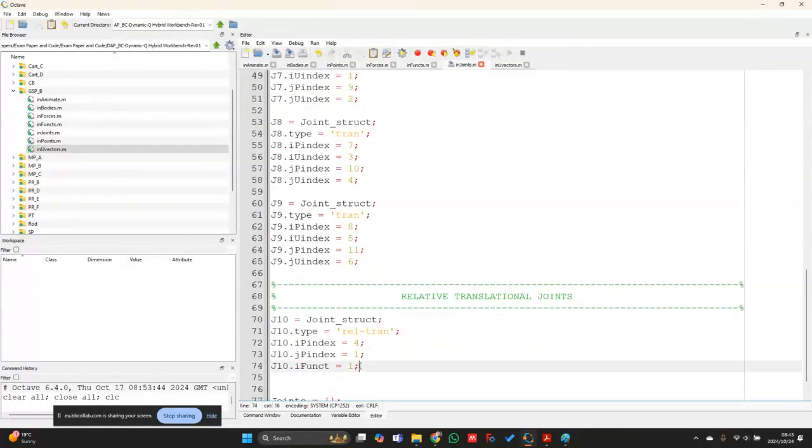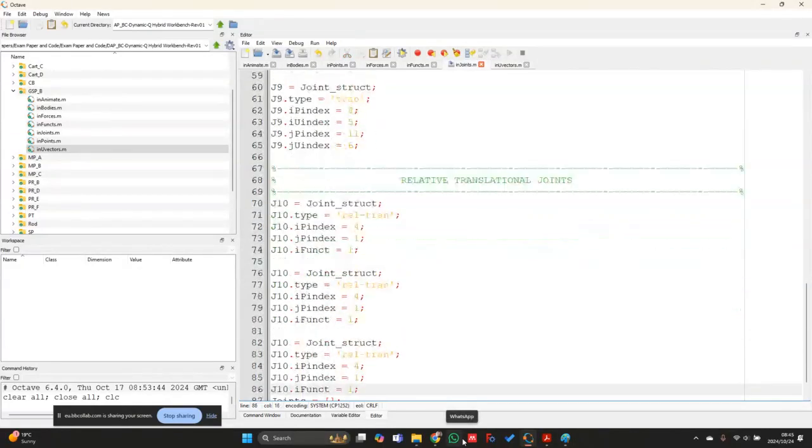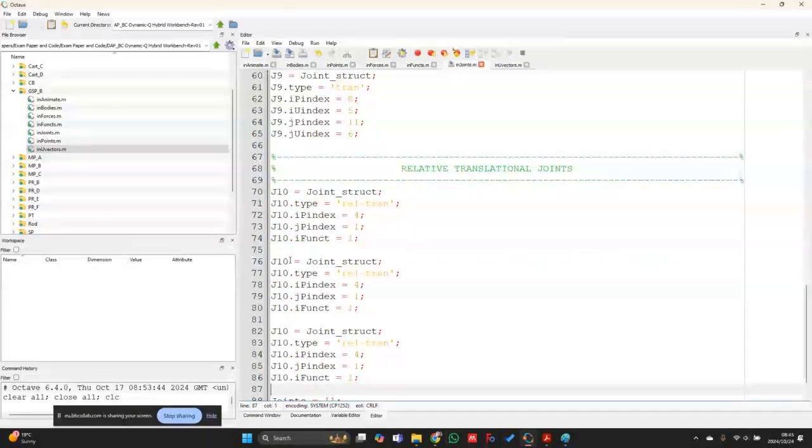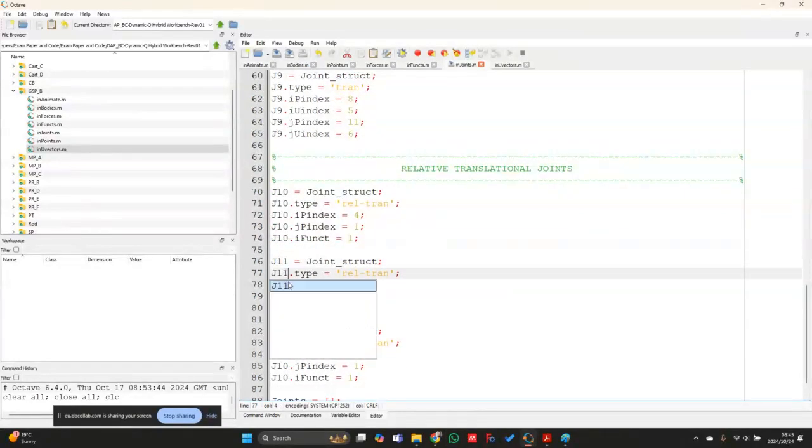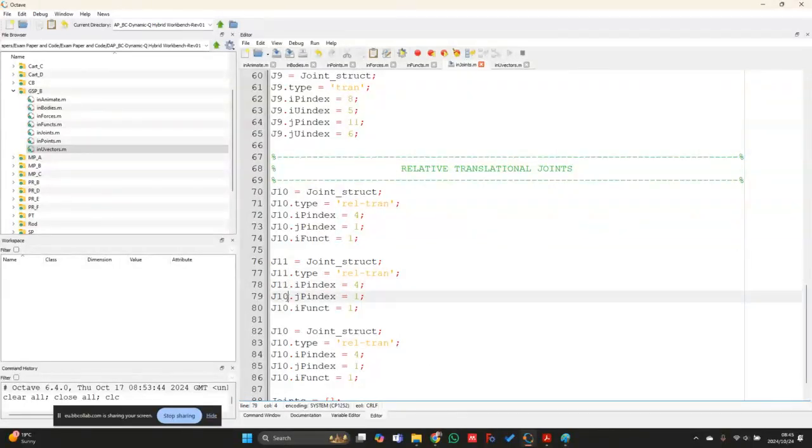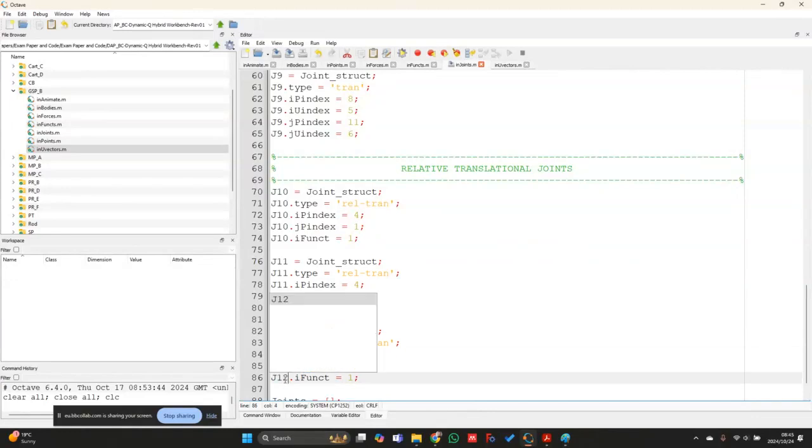Okay, so now I can go and do the same for the other two relative translational drivers. Yeah, so I think with regards to if you remove the bodies, you won't actually have to define revolute translational joints at all.